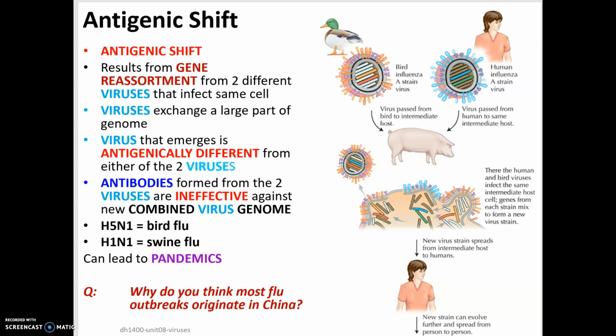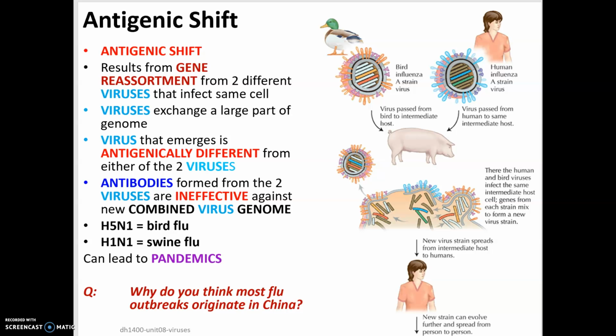That means that if you had antibodies circulating in your body, they would not be able to recognize or fight this new combined virus genome. This is the type of genetic reassortment that leads to brand new viruses that we've never encountered before.